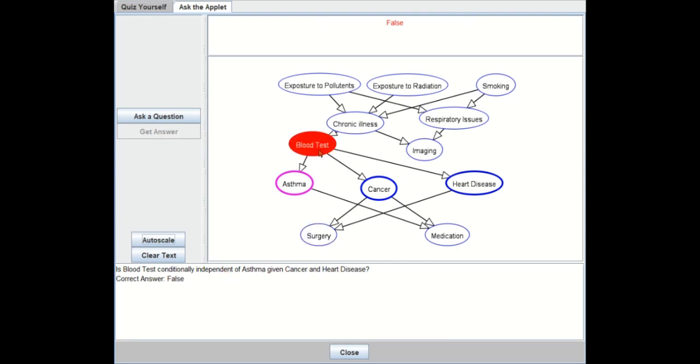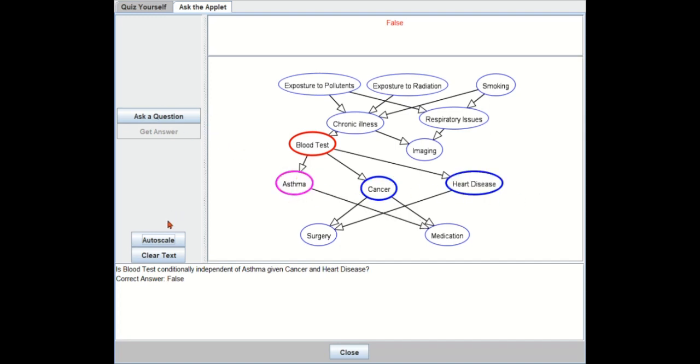No, because as we can see in the network, if someone has a blood test, then the person will have either asthma, cancer, or heart disease. So the answer is false. It is not independent. It is completely dependent on these three nodes.